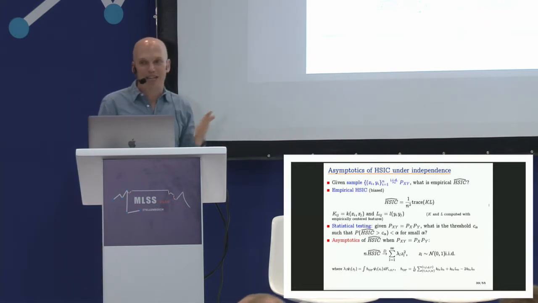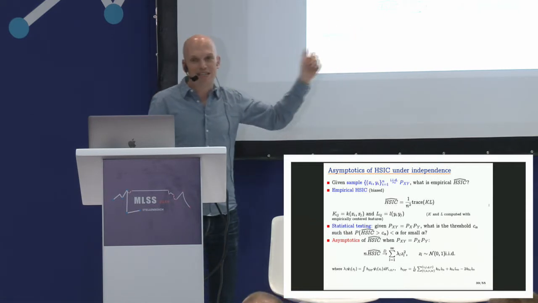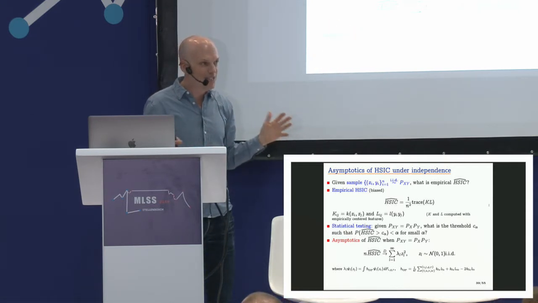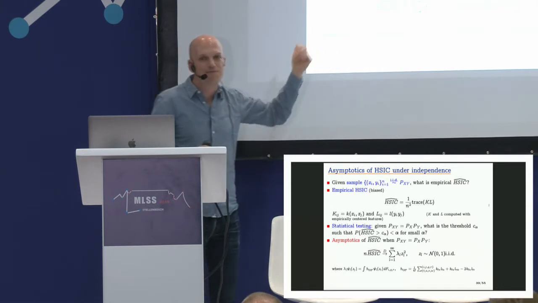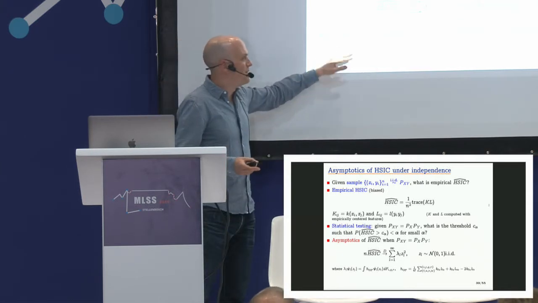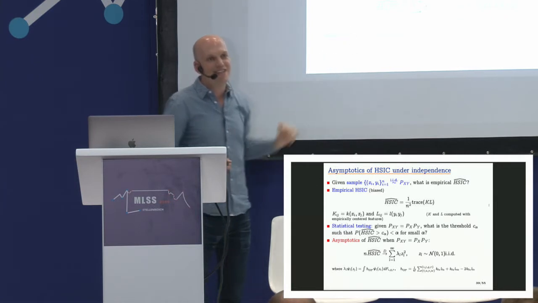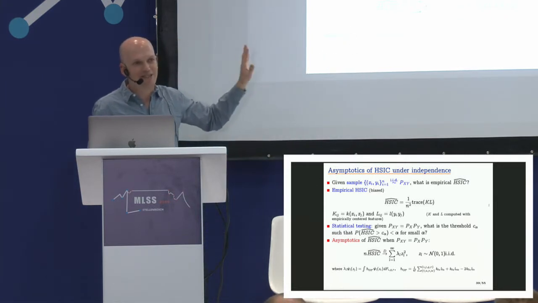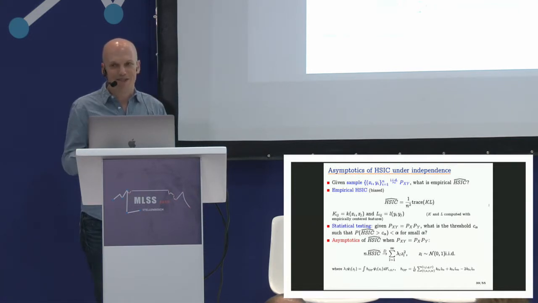If it's really true that x and y are independent, the distribution of HSIC, the HSICs that I expect to see, is going to have this horrible form as well. The form is even worse than it was for MMD. This is why I've put it in really small font here. So it's just there to scare you. It's not there to be read. Okay, so what on earth do I do to get this threshold?